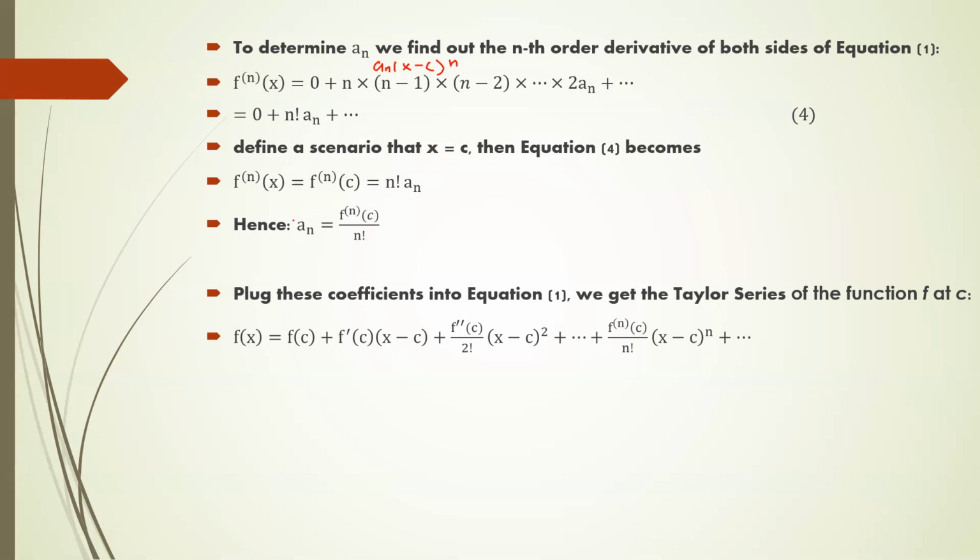So we can solve that an equals fnc divided by factorial of n. And after we find a0 to an, we imply it back to equation 1, and we get the Taylor series. This is how we get this Taylor series from those power series with unknown coefficients.